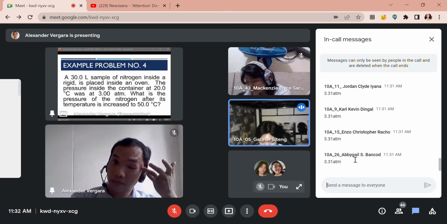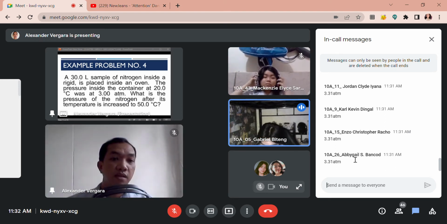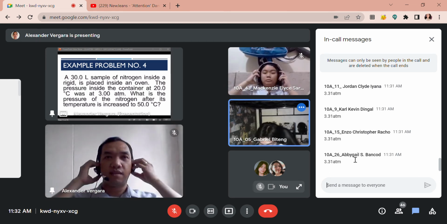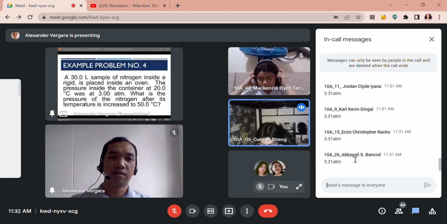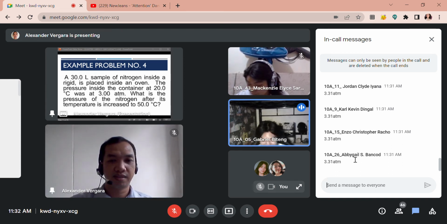We have to convert the Celsius to Kelvin. So for T1, 20 Celsius is equivalent to 293 Kelvin, and for T2 it is 343 Kelvin. Then we go to the formula.